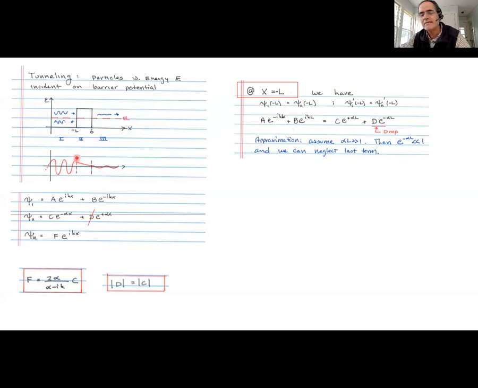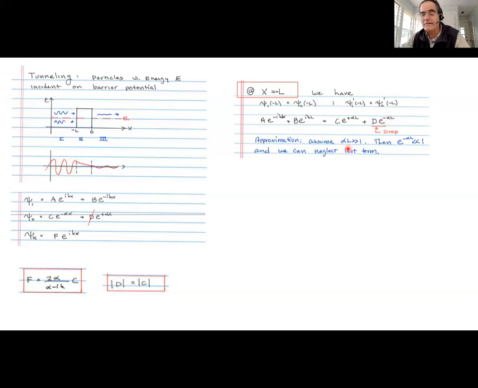But most of the cases that we're interested in are ones where the barrier is a little bit thicker, and the wave function really does decay quite a bit as we go from the left side to the right side. In that case, you can see that this term is much, much larger than that term because c and d have roughly equal magnitudes, but this term, e to the plus alpha L, is very large compared to this term, e to the minus alpha L.